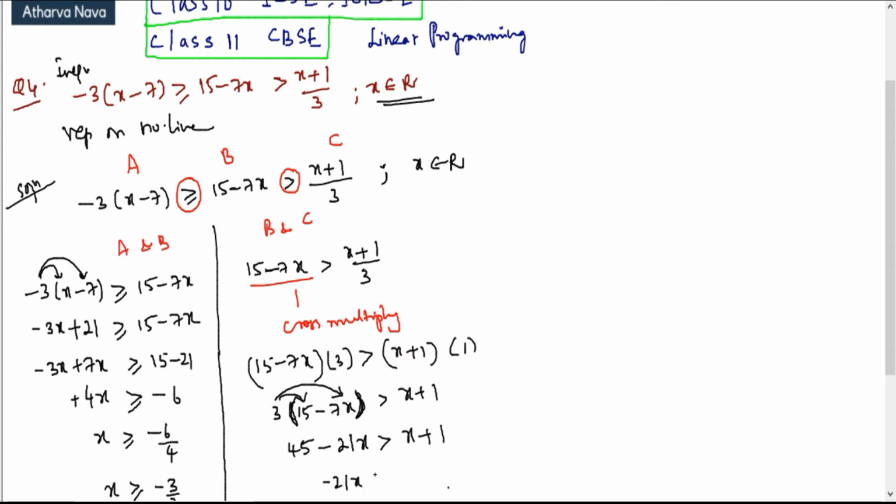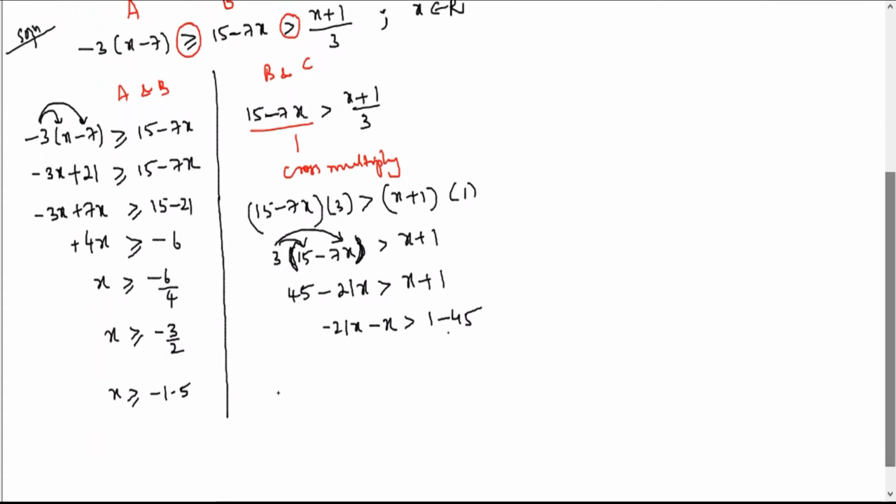Minus 21x minus x greater than 1 minus 45. Can I write like this? Yes, I can. So minus 22x is greater than minus 44. Remember the first case when I discussed the rules, you have minus on either side. So what you have to do?